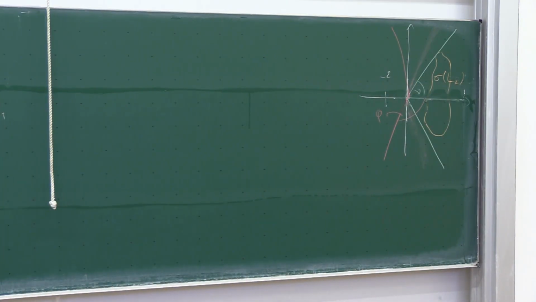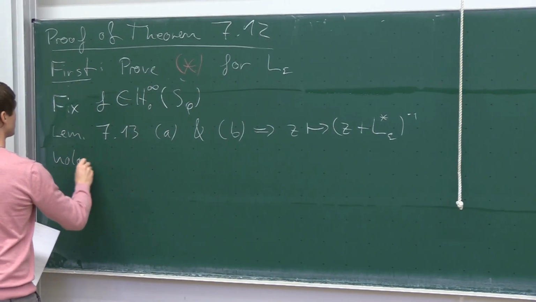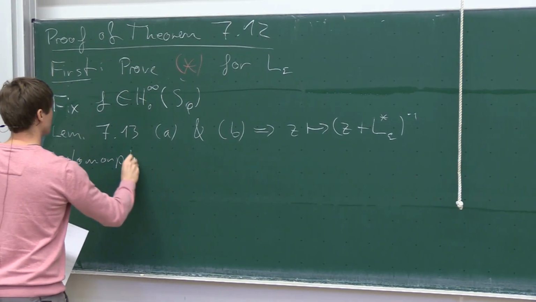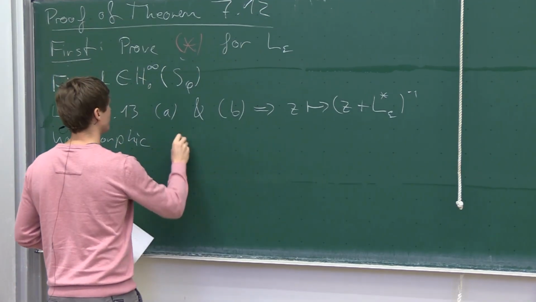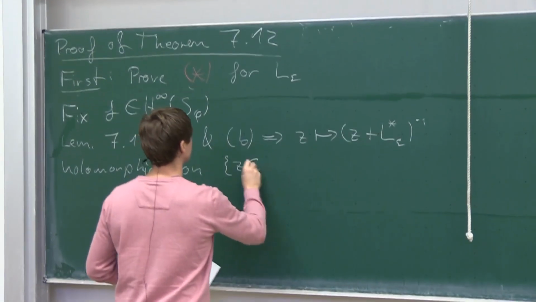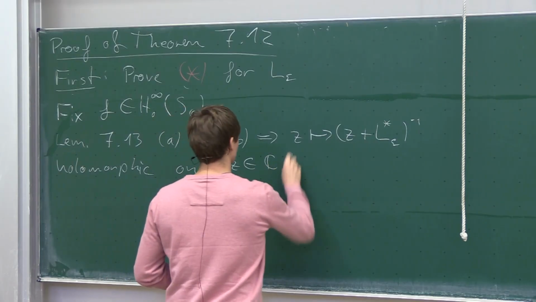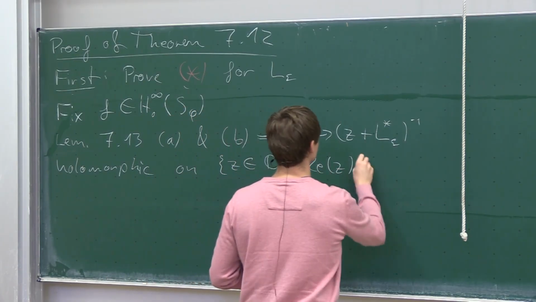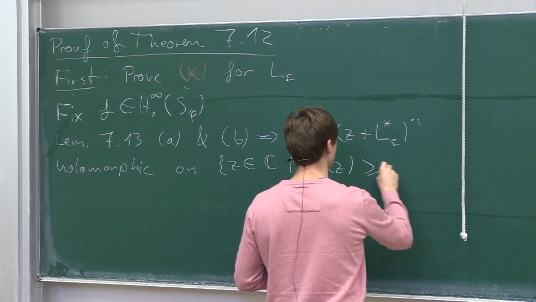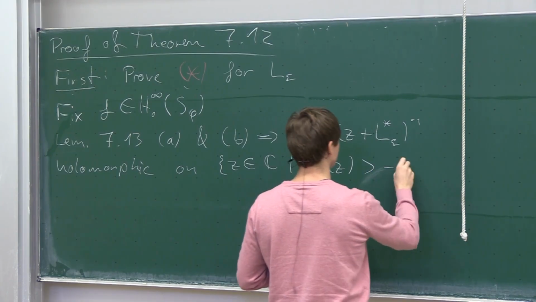Okay, and this is something we use now. So this function here is holomorphic on the set of all complex numbers z with the property that the real part of z is strictly larger than minus epsilon.